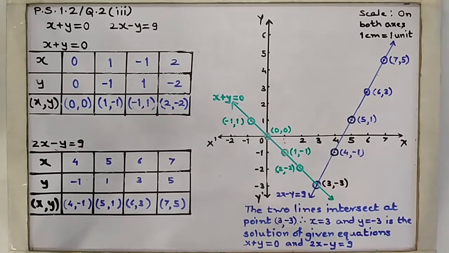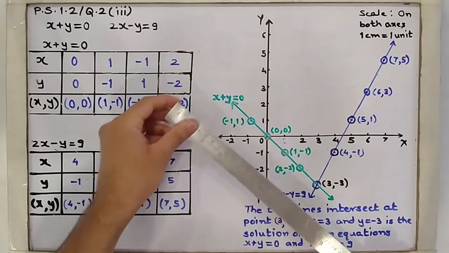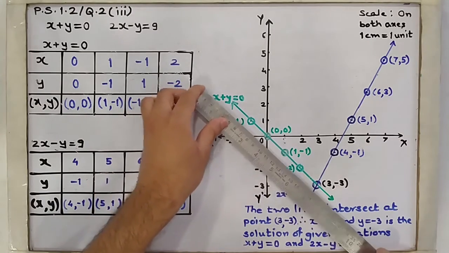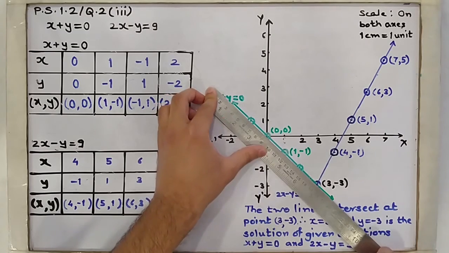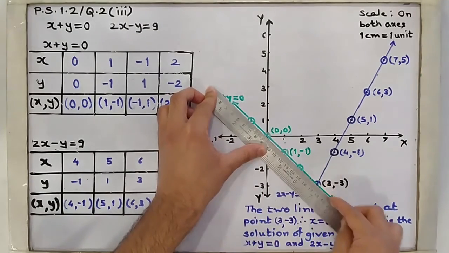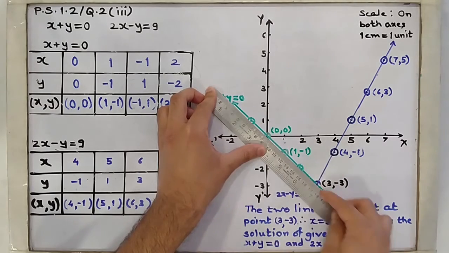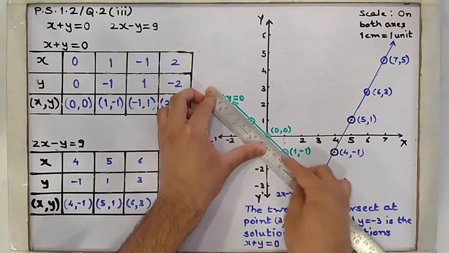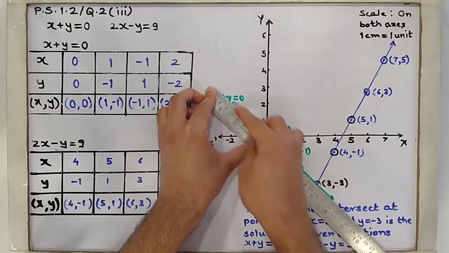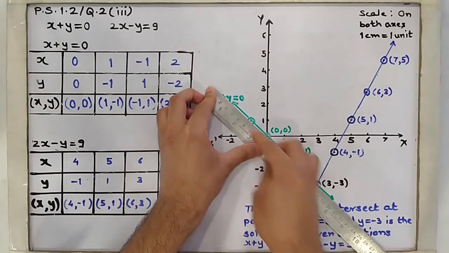Now we have got all four points, so we'll join them. You can see that these 4 points, after joining, form a straight line. You have to remember that all the 4 points should lie on the same line, and they are also forming a straight line.